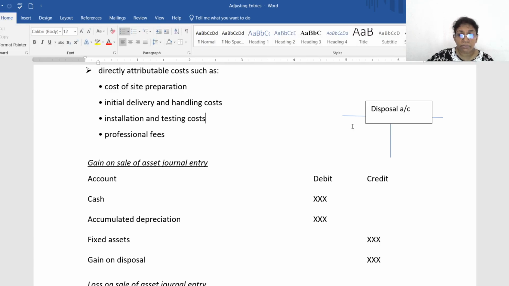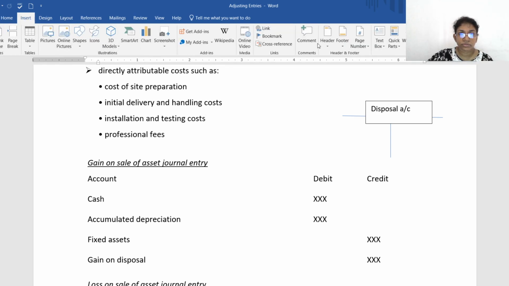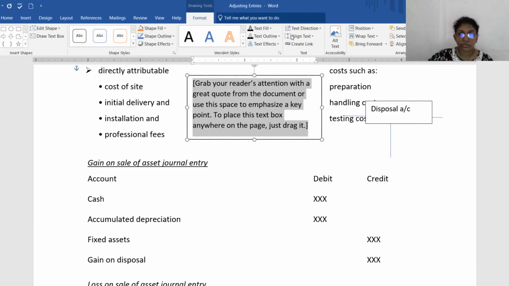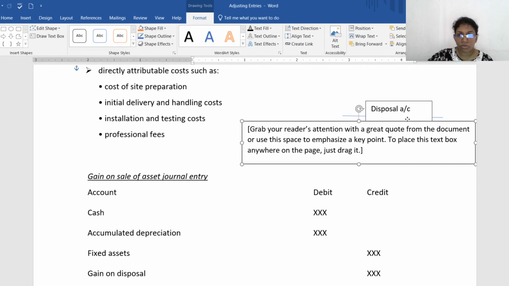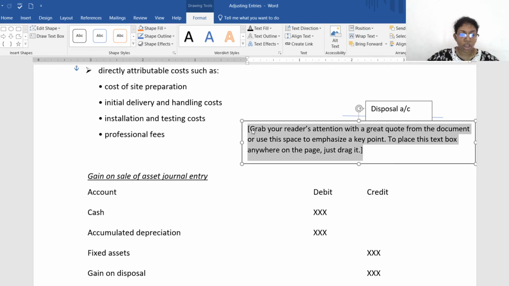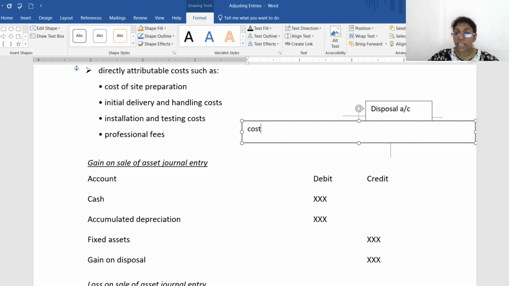In the disposal account, we are going to debit the cost of that particular asset.